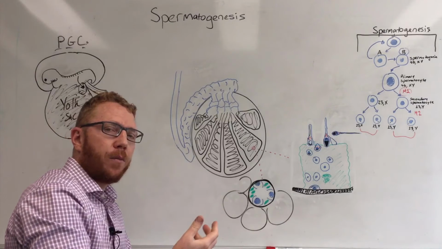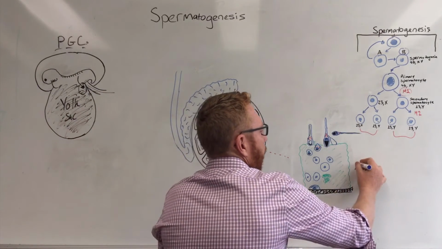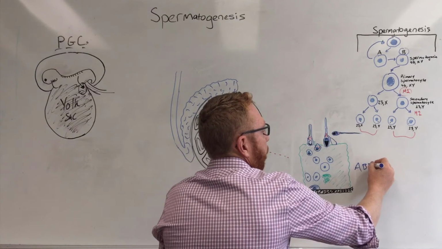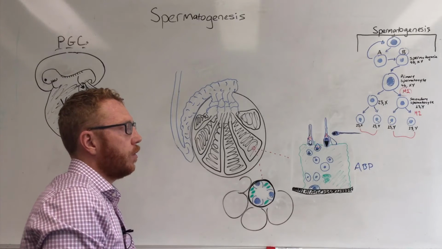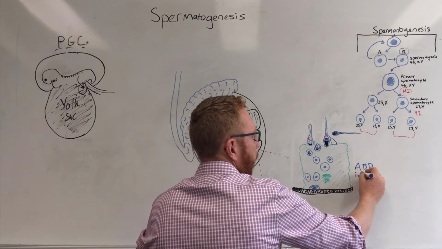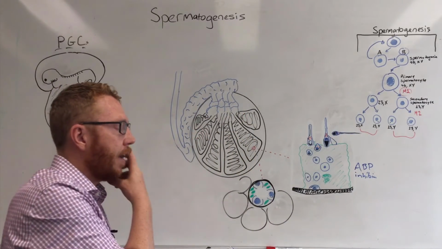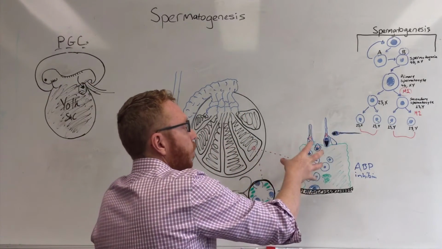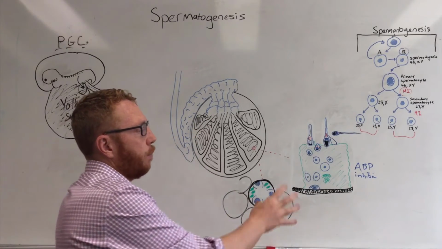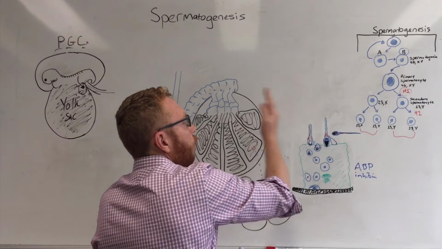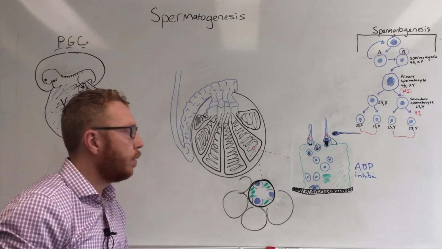It's also going to play around with some hormones, particularly the hormone called ABP, which is androgen binding protein, but it's also going to produce another hormone called inhibin, which is probably going to feed back up into the pituitary gland and change the speed or the way that this spermatogenesis occurs. And also it's going to produce a fluid to help move the sperm along the tubule up towards the epididymis.